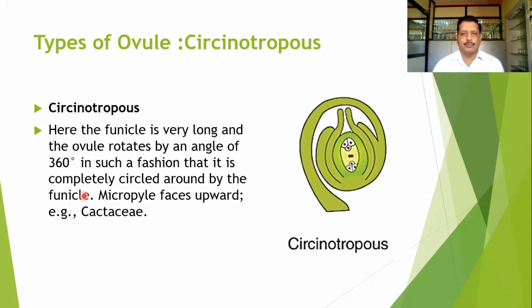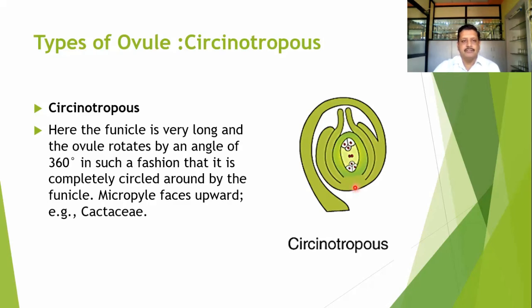The Circinotropus. Now here you can find the funicle is very long. This complete structure, the funiculus, is long, and you can find the ovule rotates almost 360 degrees, in such a fashion that it is completely circled around the funicle.